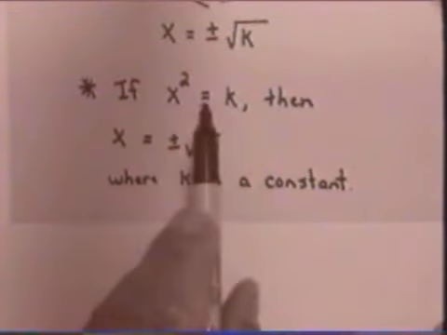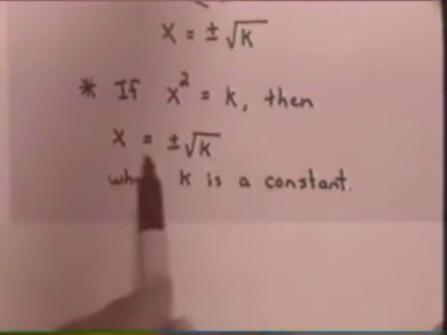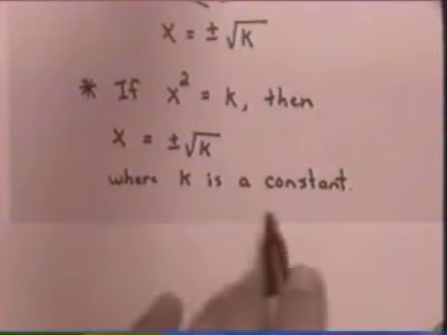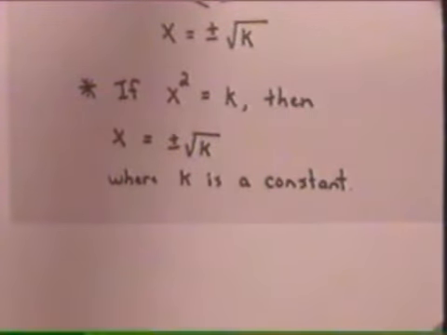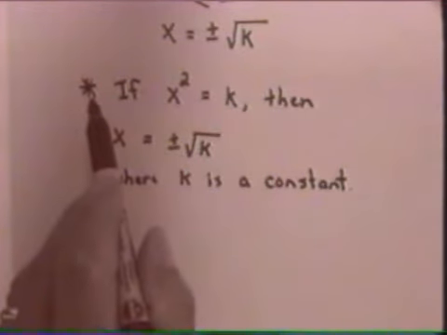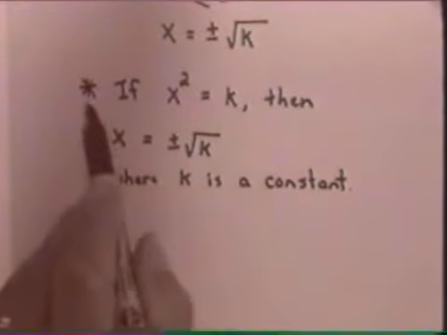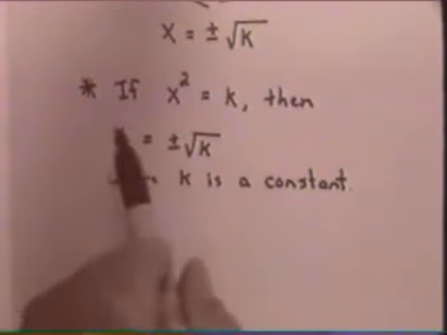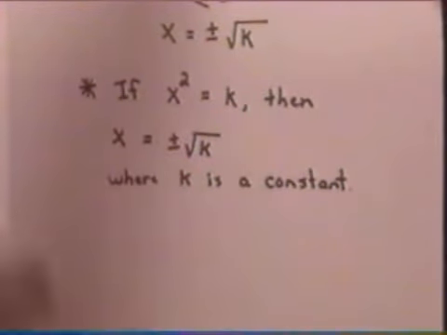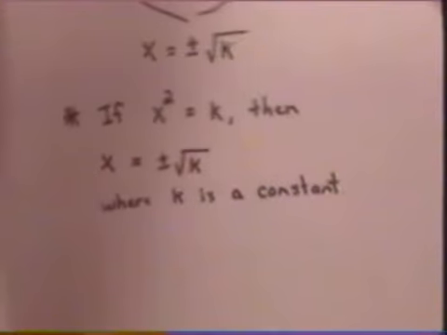So if I have x squared is equal to something, then x is plus or minus the square root of that something, where the something is a constant. So let's use the theorem now. The fact, and notice I put a star beside it. This is something you need to put on your study sheet. Now let's use that to solve a quadratic equation.